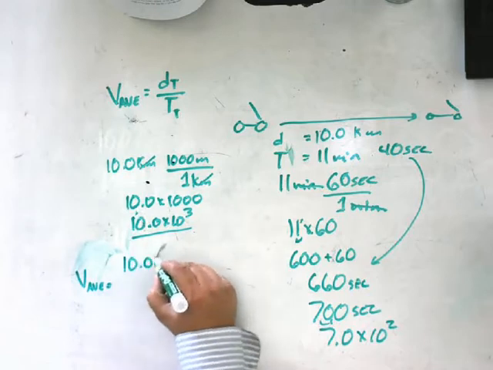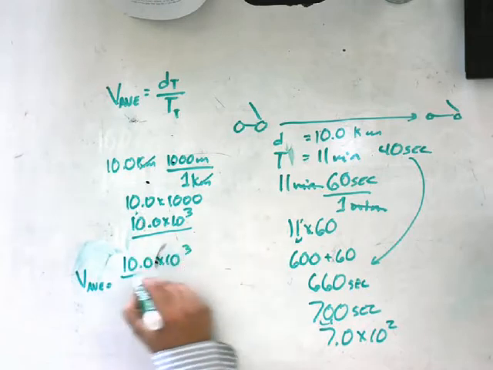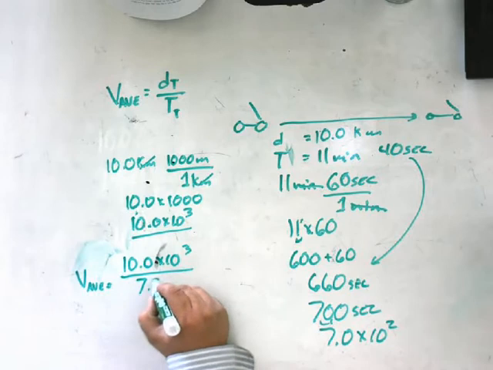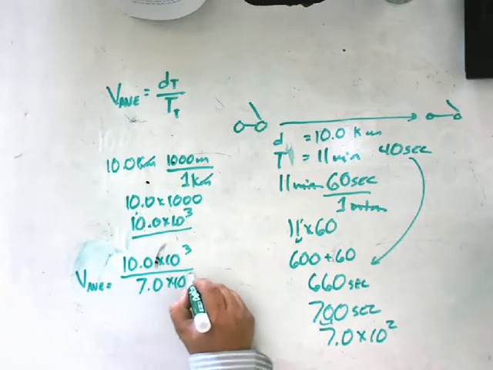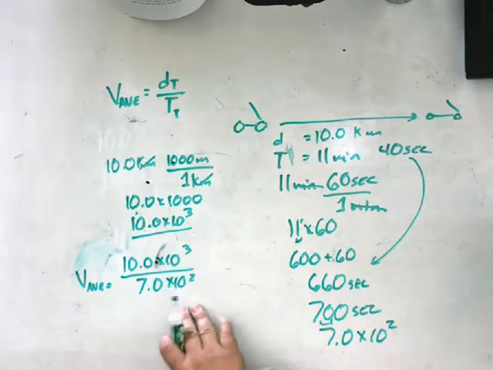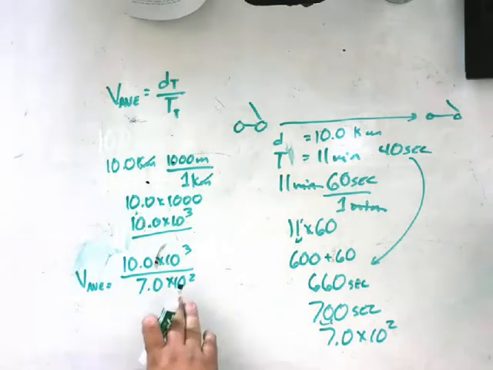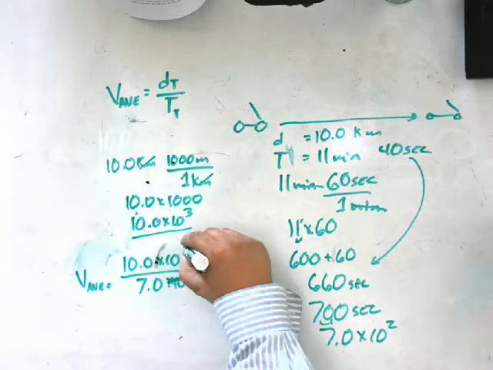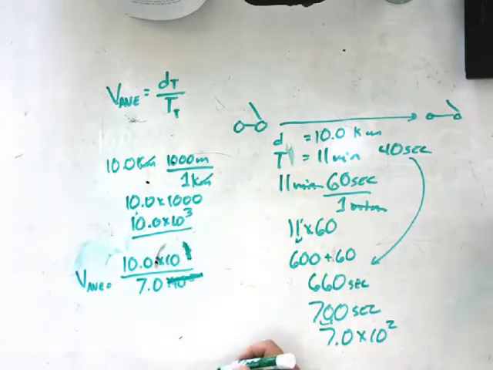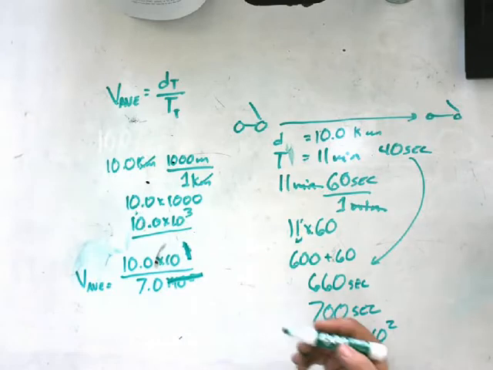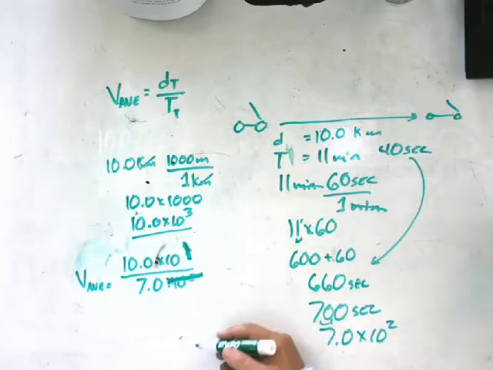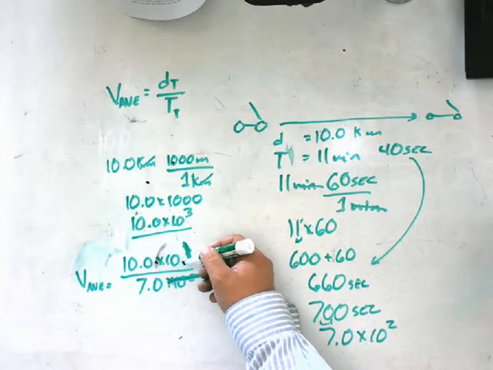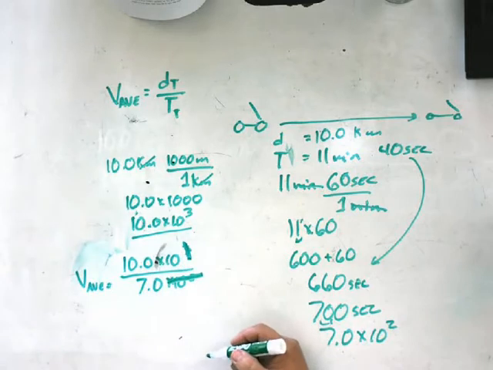Now, doing this with my powers of 10, I can do something really, really quick, which is drop this and drop that. Okay? 10 to the third divided by 10 to the second is going to leave me with nothing more than 10 on the top. So 10 times 10 is 100. I'm going to go back and say that's 100 divided by 7.